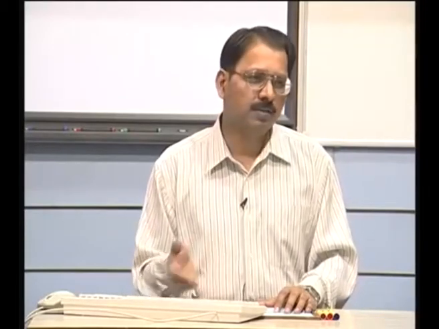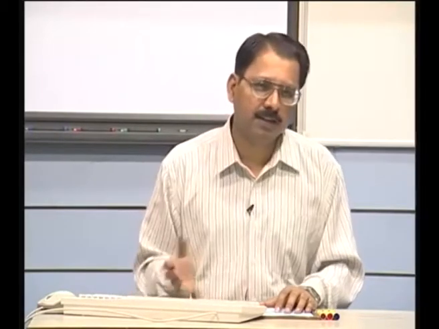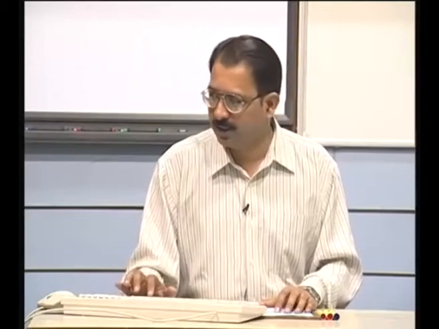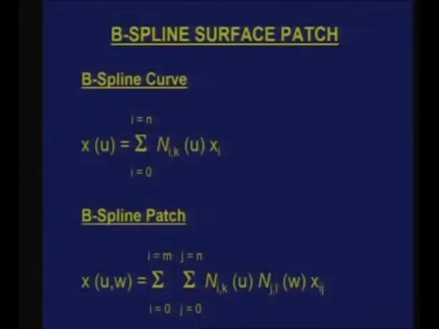Now, to overcome this, a better way is to use a B-spline patch, which is an extension of a Bezier patch. So, for a B-spline surface patch, let us recall the definition.